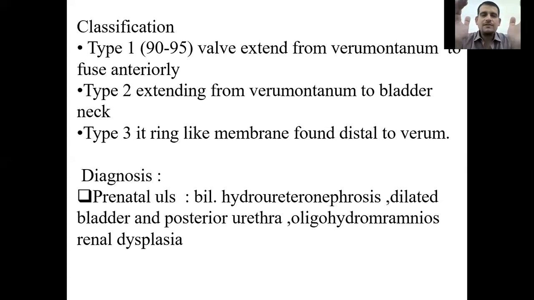This is the scenario for the infant or newborn baby with posterior urethral valve: bilateral hydroureteronephrosis, a fully dilated bladder, dilated posterior urethra, and also oligohydramnios. The mother complained of oligohydramnios, and the infant also has renal dysgenesis.